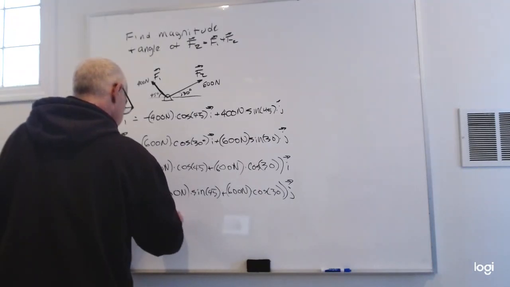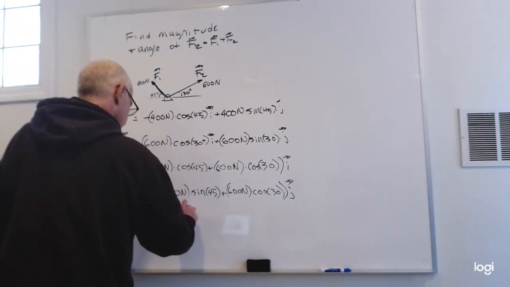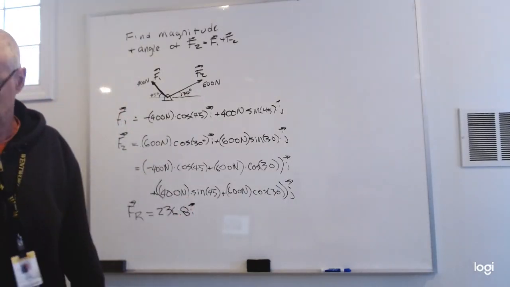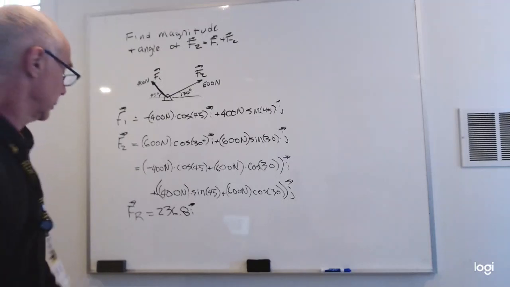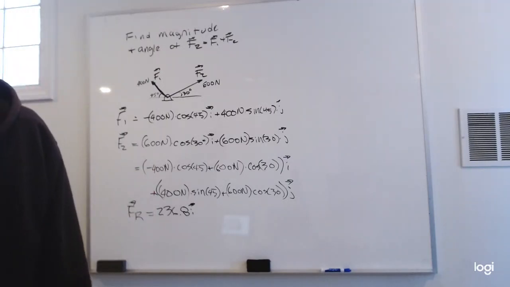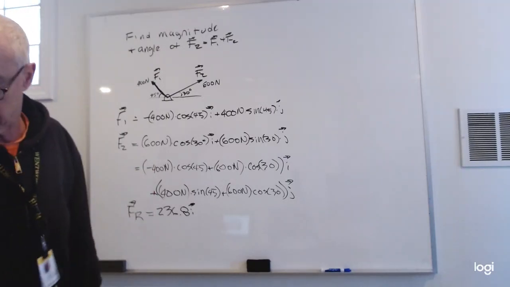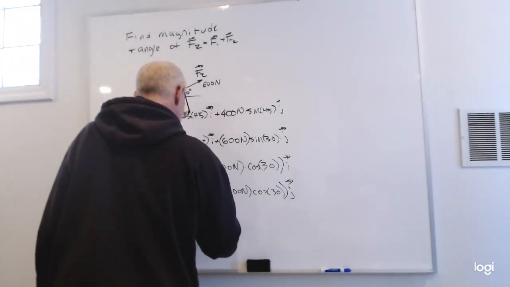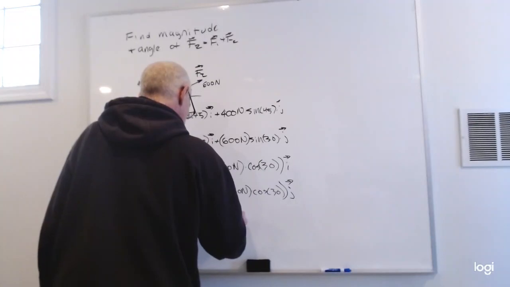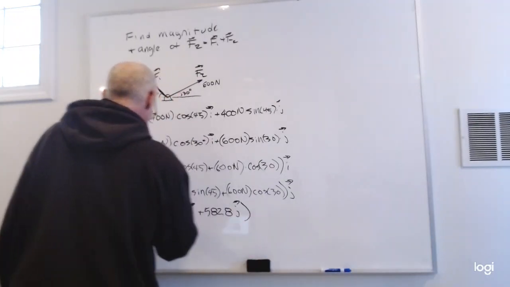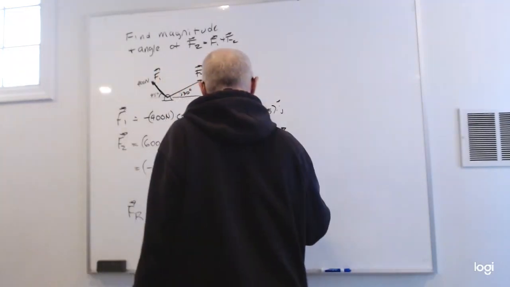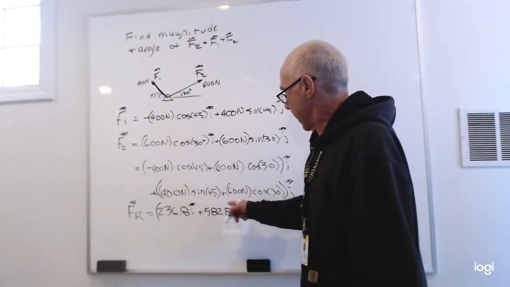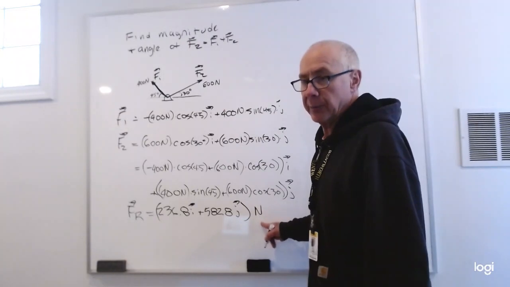Hopefully you do it right. 236.8 i, and I'll show you where we're going to put the plus 582.8 j. And what I'm going to do is put the units out here. So don't forget, it's all in newtons. So we just carried over the N, the newtons, outside the parentheses.